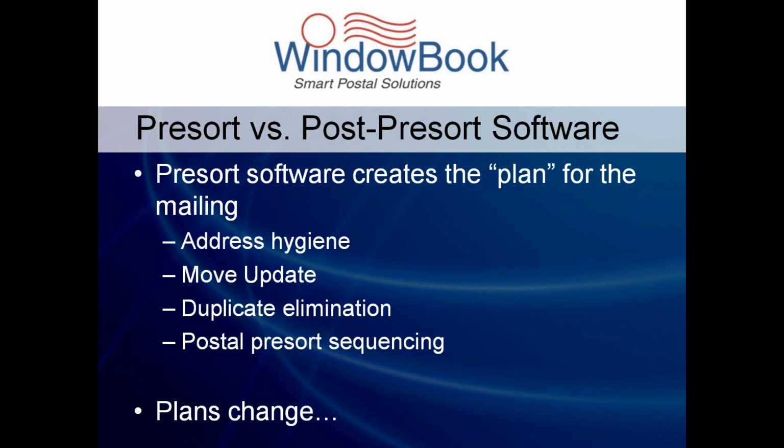First, let's talk a little bit about Presort software and post-presort software. Presort software is the software that's used to prepare the initial plan for a mailing. It includes such elements as address hygiene and move update functions, duplicate elimination, as well as the more commonly known function of sorting the address records into the sequence specified by the Postal Service in order to take advantage of various postage discounts.